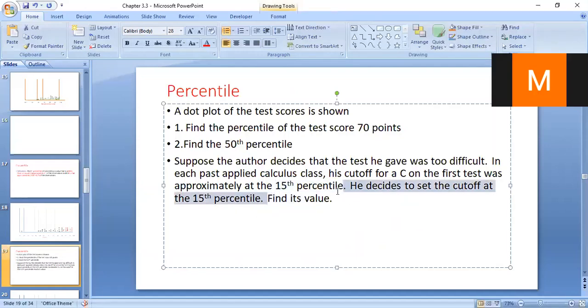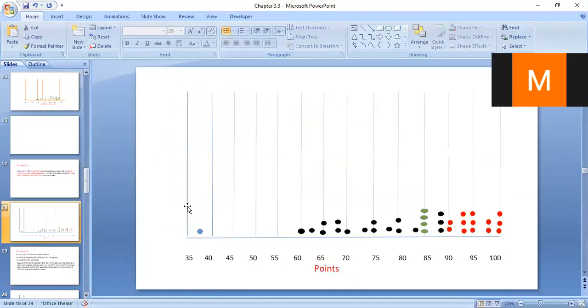What is the value of 15%? Find the value of 15%. You have 15%. That means 15% is 0.15.